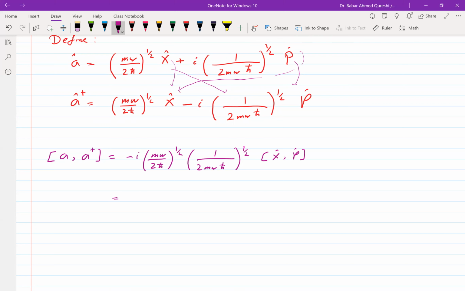So that gives me, I shouldn't write minus iota, I should write plus iota, and p hat x hat. And when I do the commutator, I get the same term with a minus sign and order reversed. So I get p hat x hat.